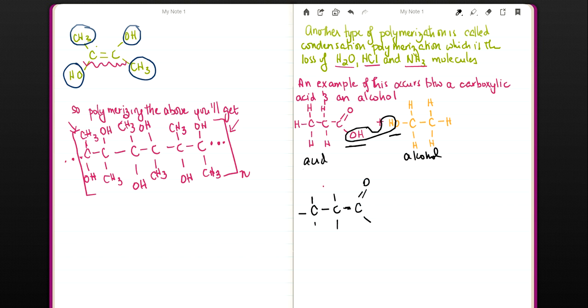And then of course you would have your oxygen from your alcohol side. Sometimes I don't put my H's in for rushing purposes, but you should always put your H's in.